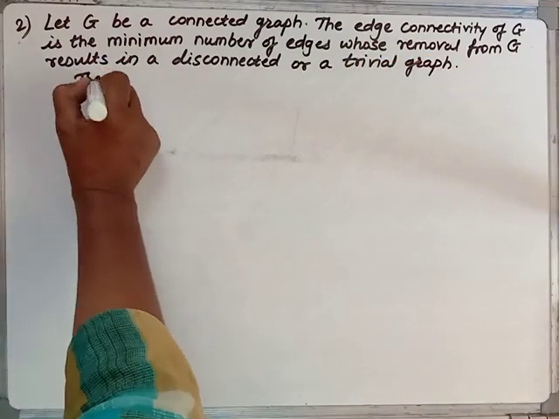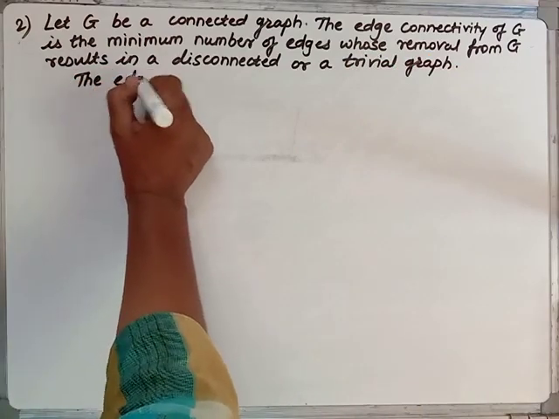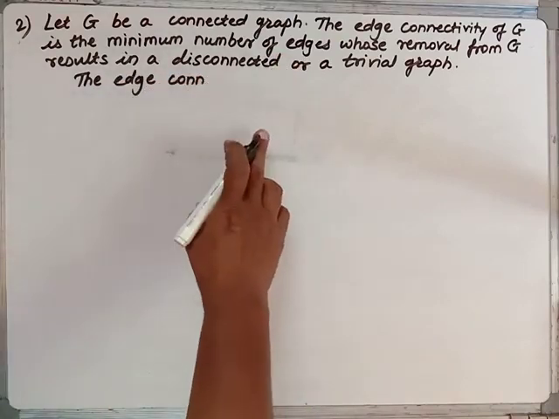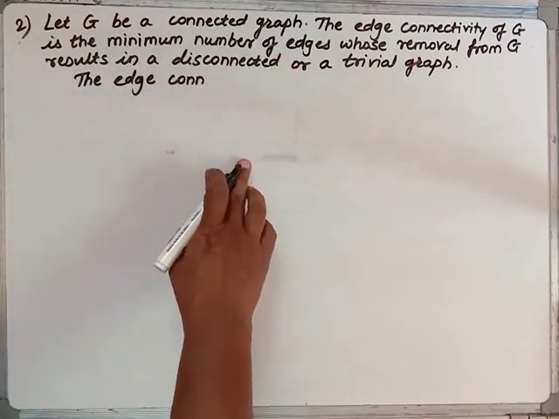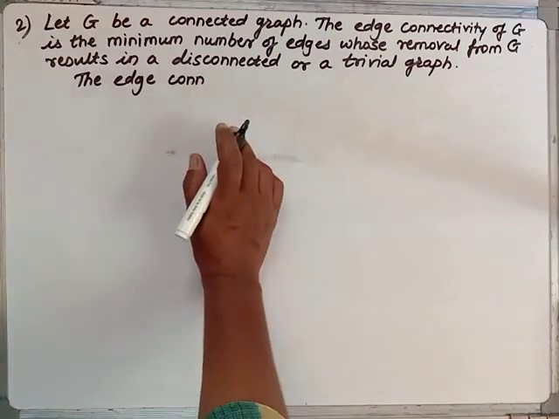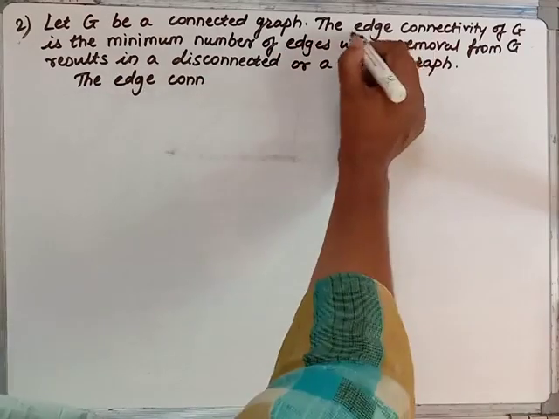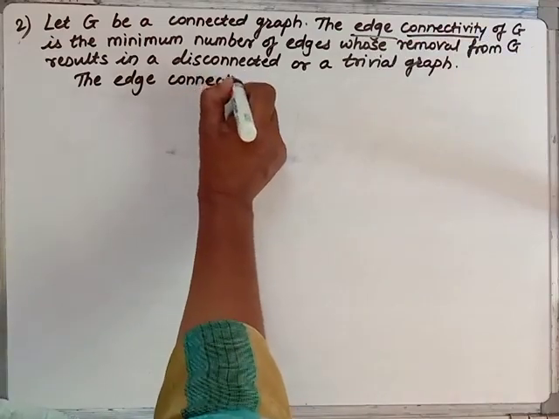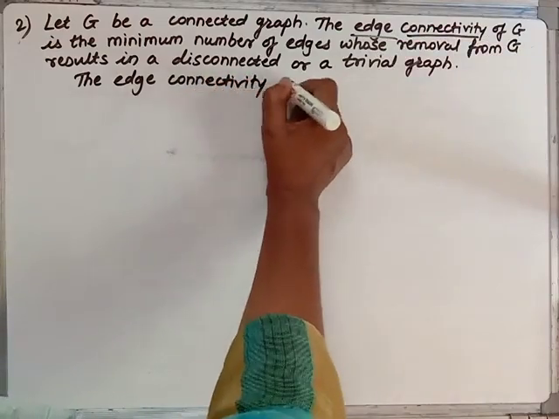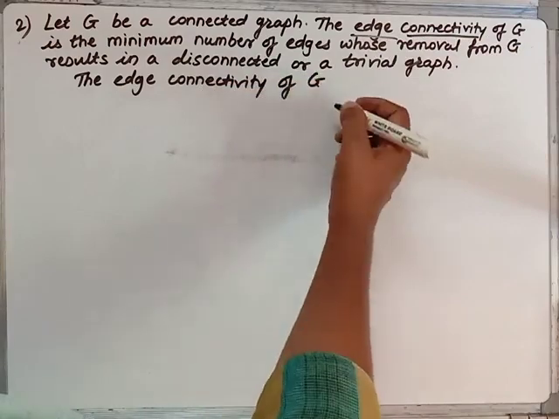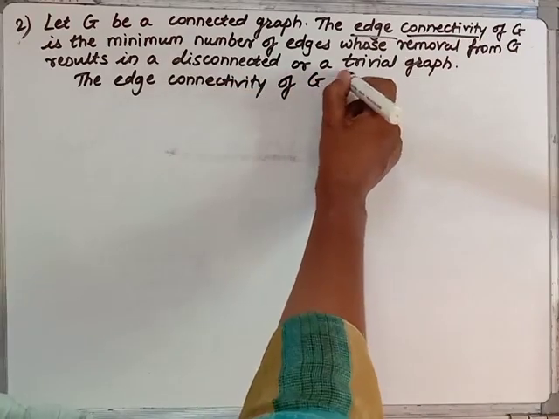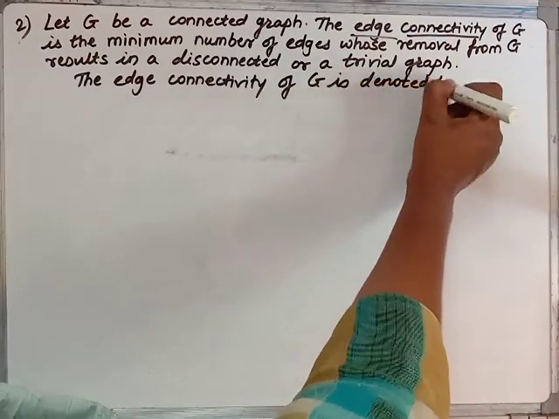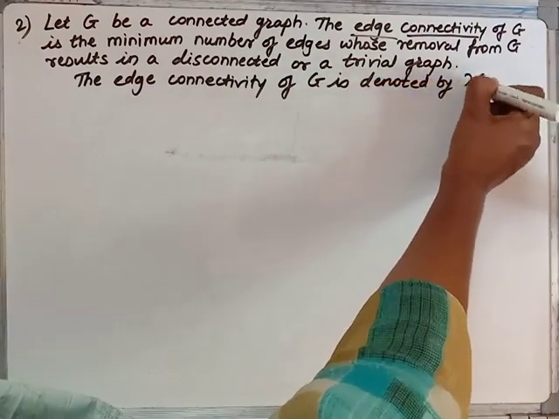The number of isthmus or bridges is nothing but the edge connectivity, right? The edge connectivity of G is denoted by lambda of G.